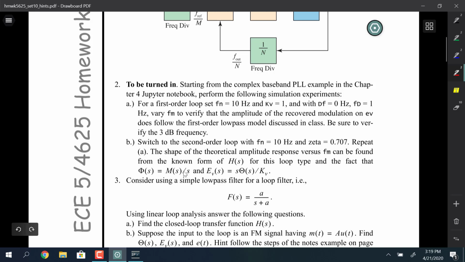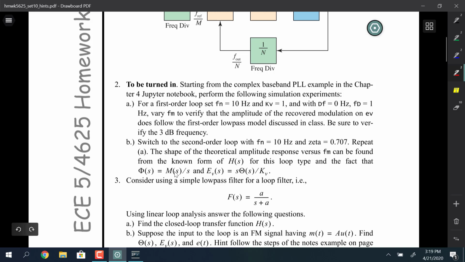Part B, the idea is you want to get the control voltage, and that is going to be S times the output phase divided by KV. But with KV equal to 1, that is equal to 1.